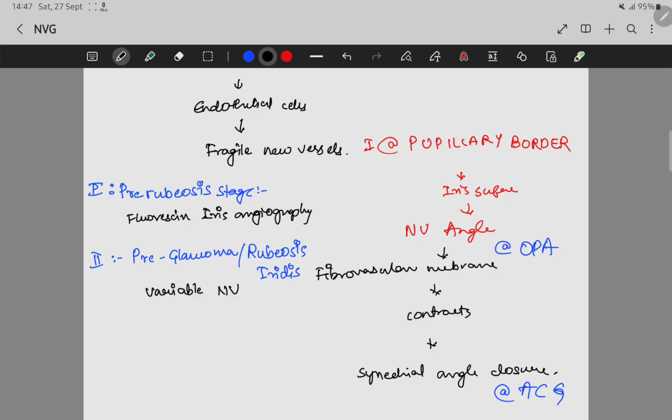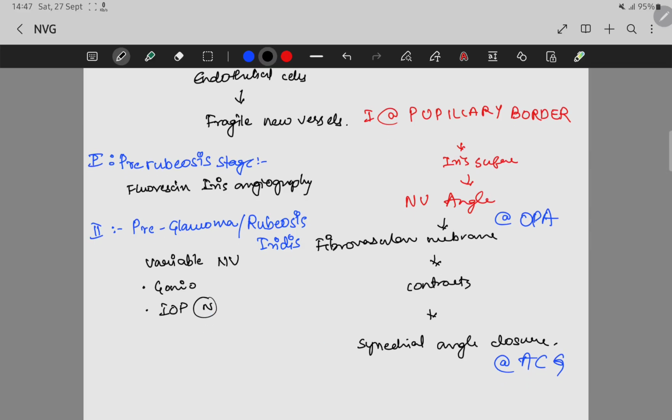Fine vessels can be seen first at the peripupillary area, then through gonioscopy. The IOP is normal here.